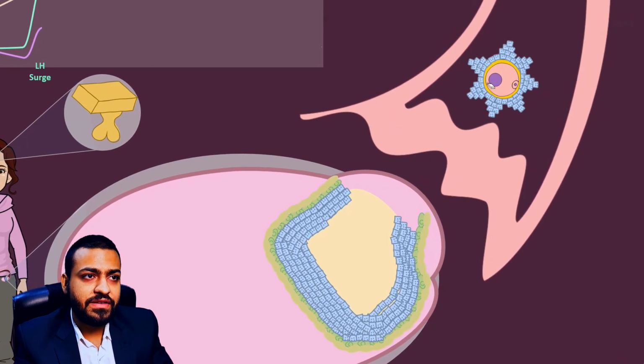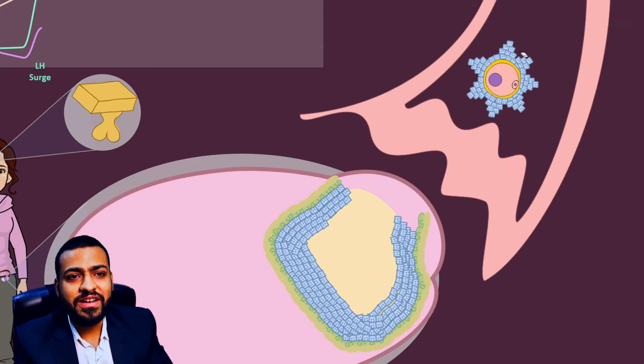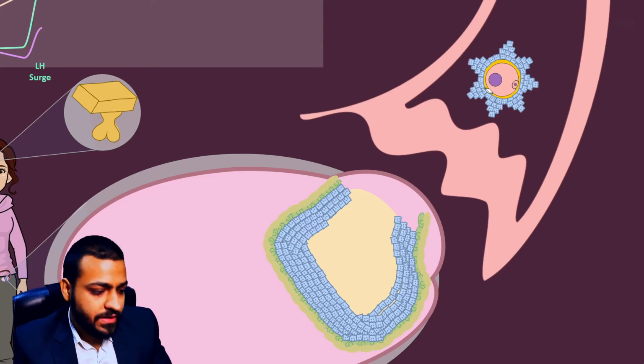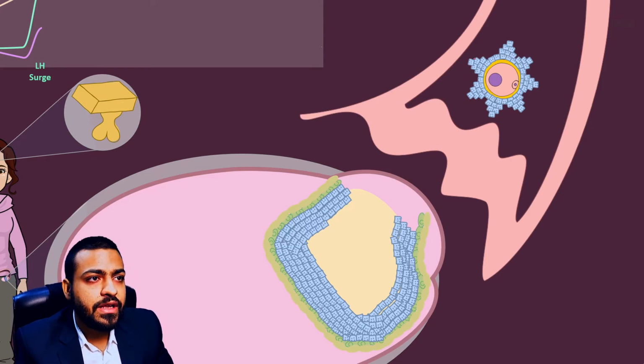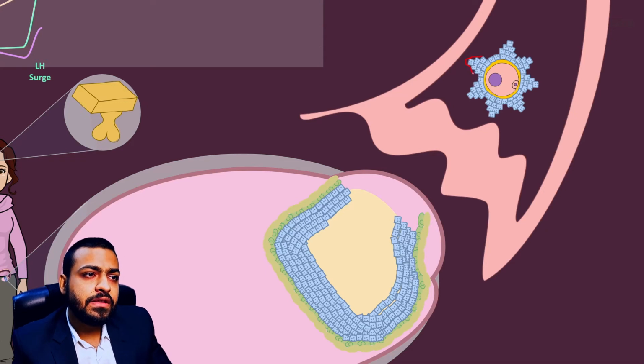So here this secondary oocyte is now released into the uterine tube or fallopian tube. Along with that, some follicular fluid will also come inside, that is not shown in this diagram, and some granulosa cells are also there. These granulosa cells, which were previously forming the cumulus oophorus, are arranged in such a fashion that they look like a crown surrounding this secondary oocyte.